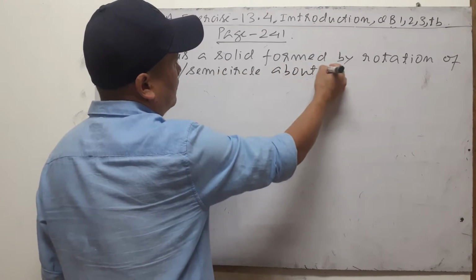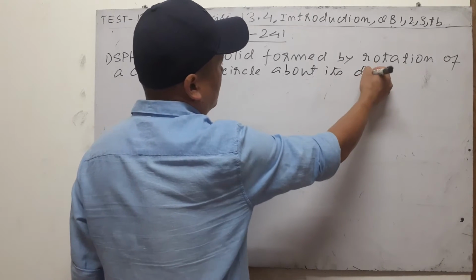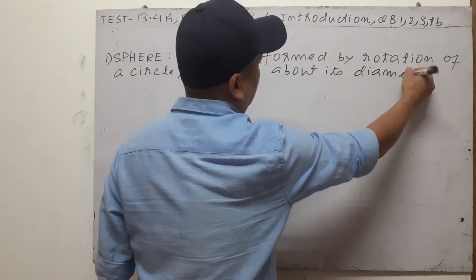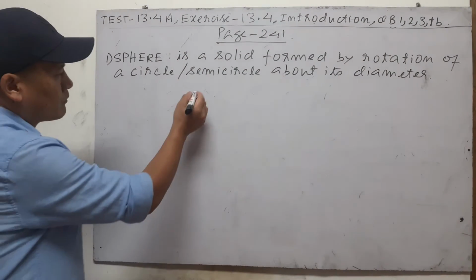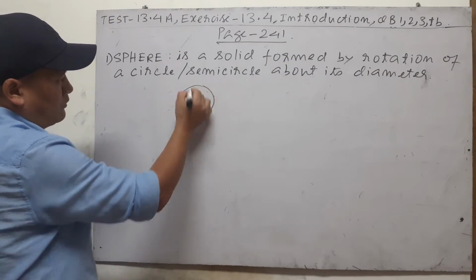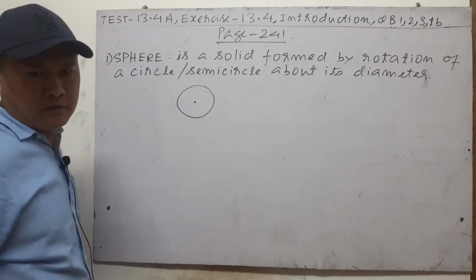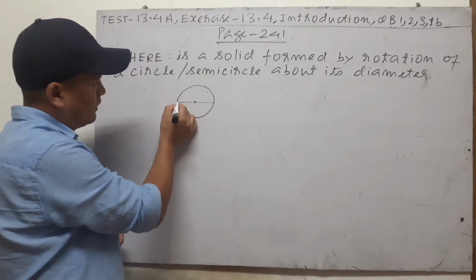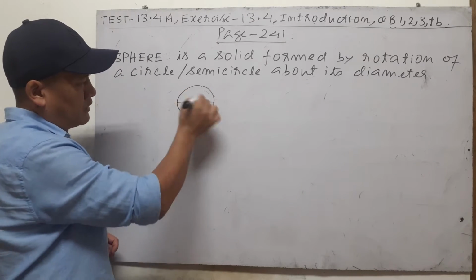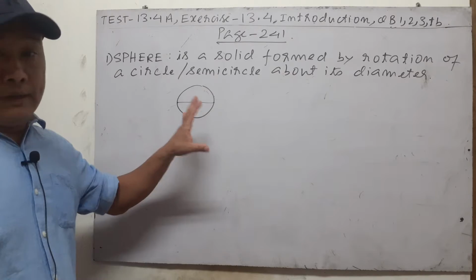about its diameter. Let me explain that to us. See here, now we have a circle, meaning it's a flat plane figure, and the straight line passing through the center, touching the two ends of the circumference, is called a diameter, right?